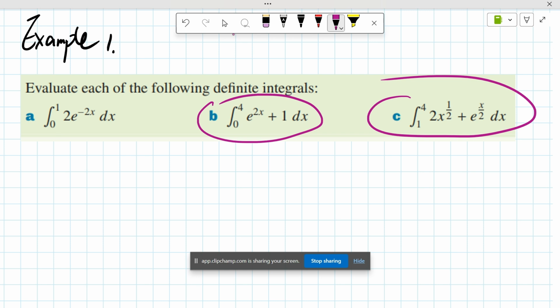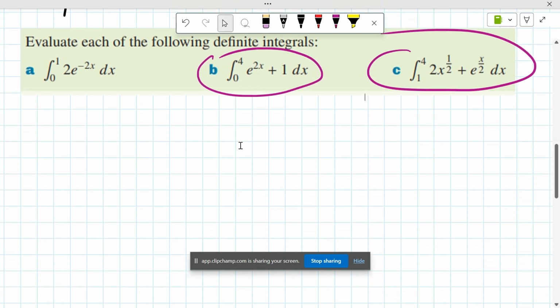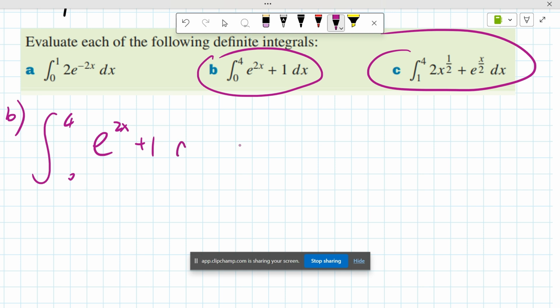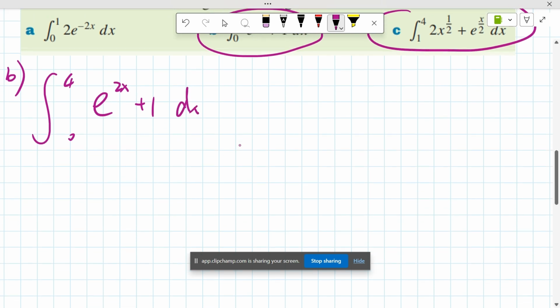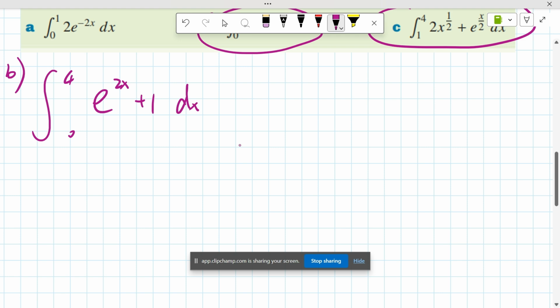Okay, let's start with question B. First question: the integral from 0 to 4 of e to the 2x plus 1 dx. Now we can start doing this e to the 2x again.